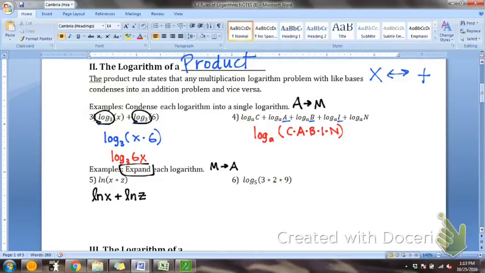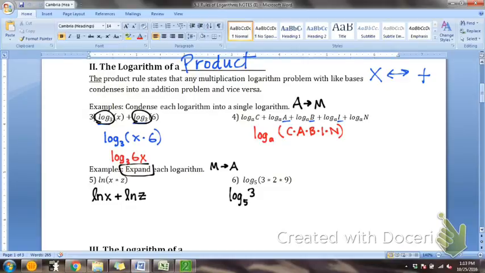Okay, example 6. Why don't you see what you can come up with for example 6? Think about our rules. Who wants to offer their answer?